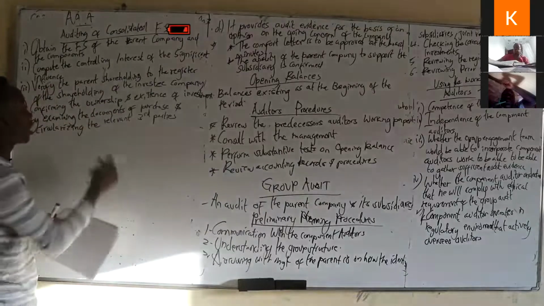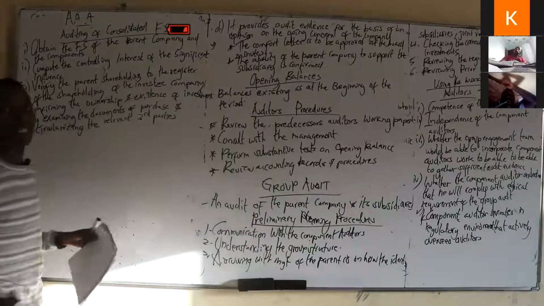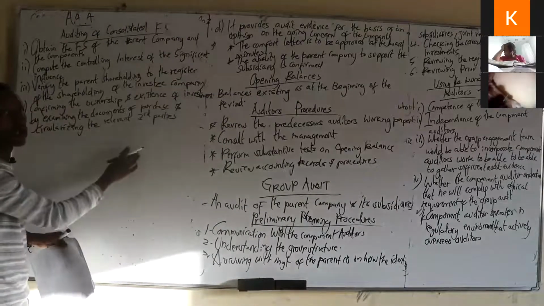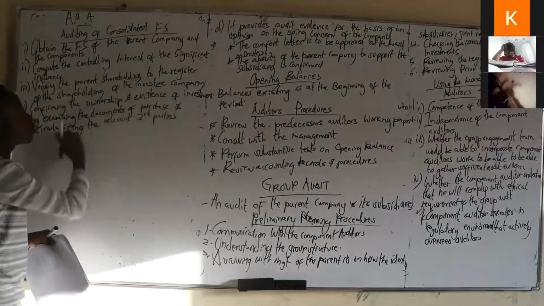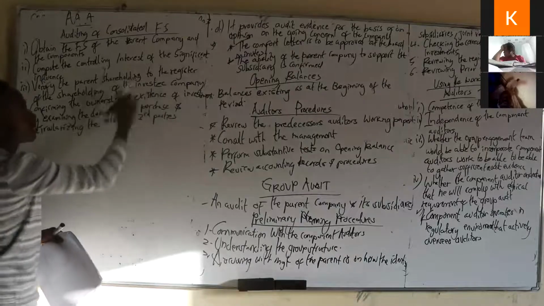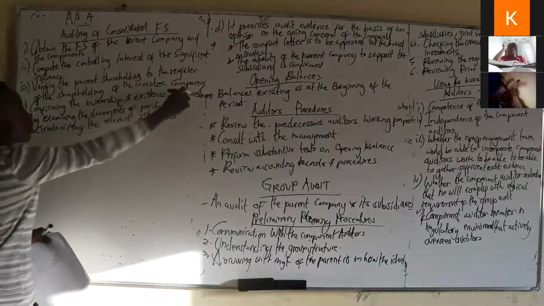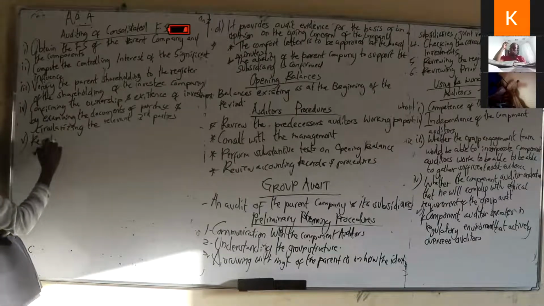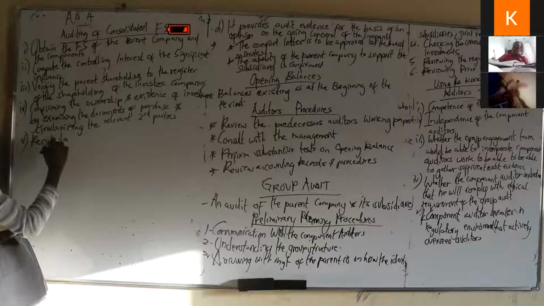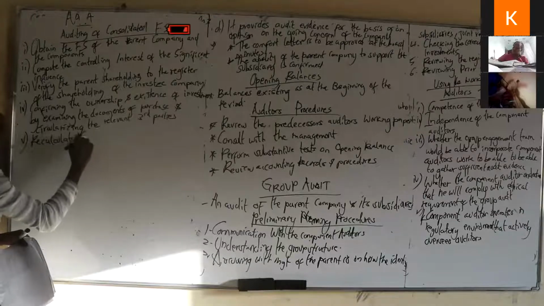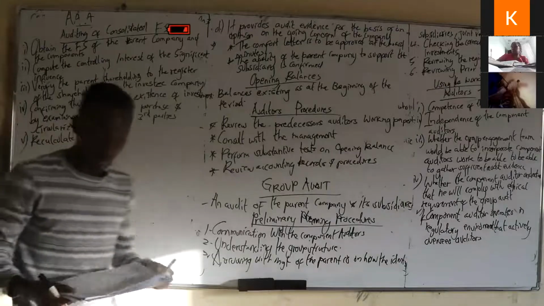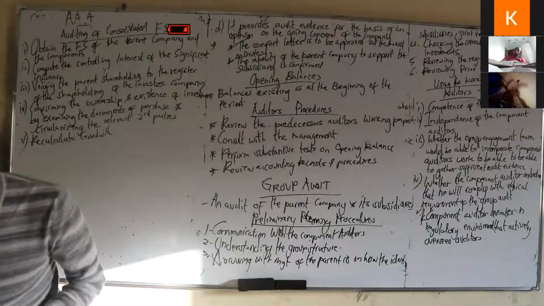Reviewing the documents of purchase, the rights and obligations of this company, who controls the companies that you have invested in, that is on the rights and obligations. And then also you can recalculate goodwill, like we said.